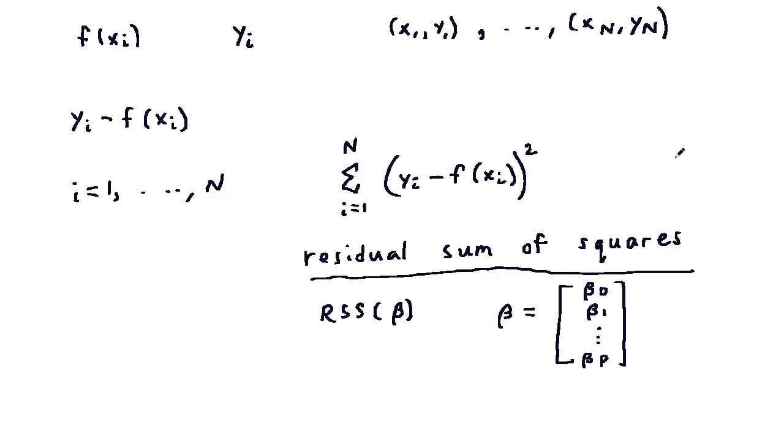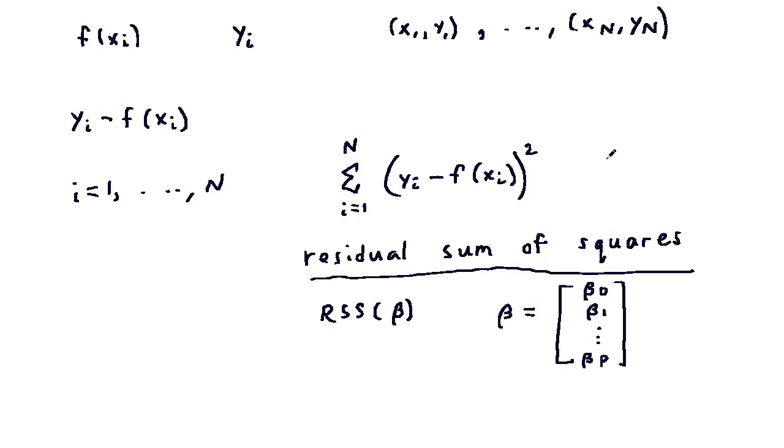Okay, we want the residual sum of squares to be as small as possible. Essentially, this means that we want our predicted values, f of xi, to be as close to the actual value yi as possible for each of the pairs xi, yi.